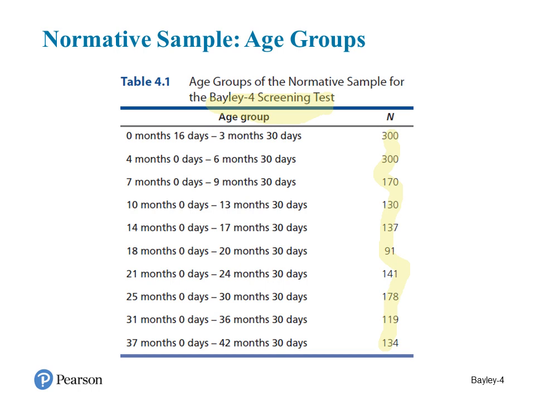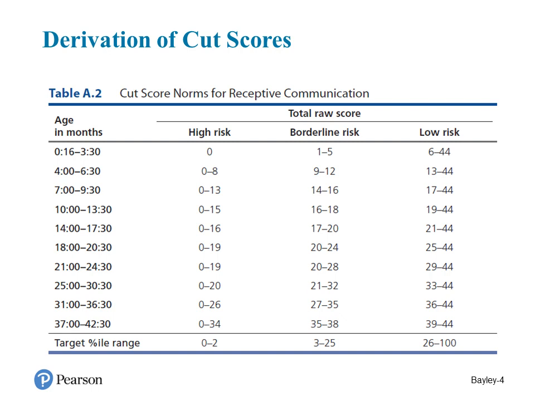And once we had our data, one of the things that was important was for us to derive those cut scores. I showed you table A1 that included the cut scores for high risk, borderline risk, and low risk, those 3 categories.